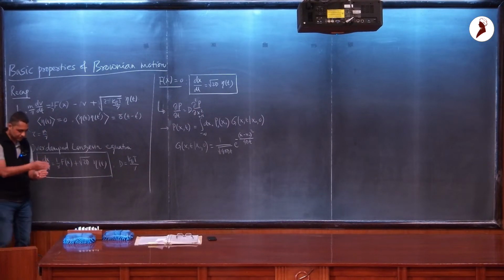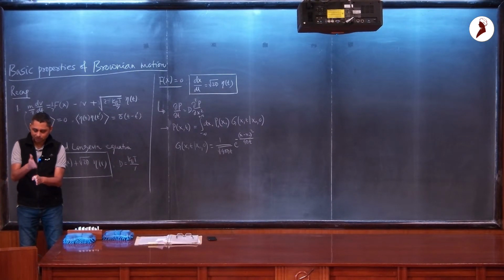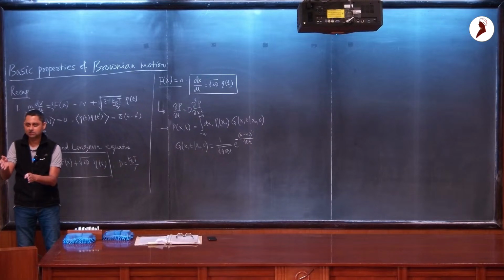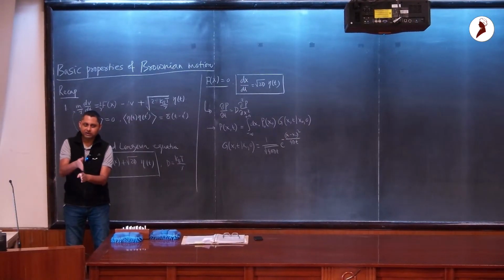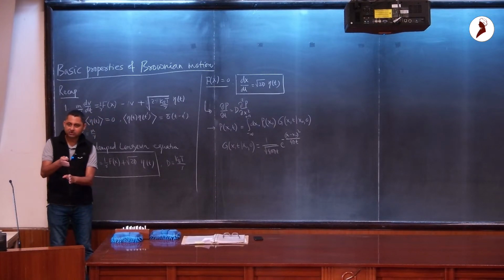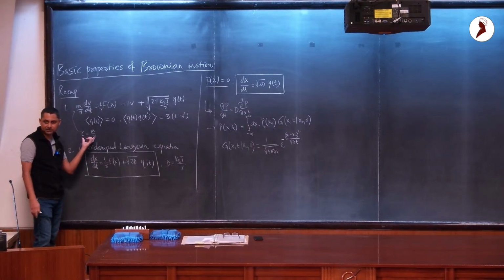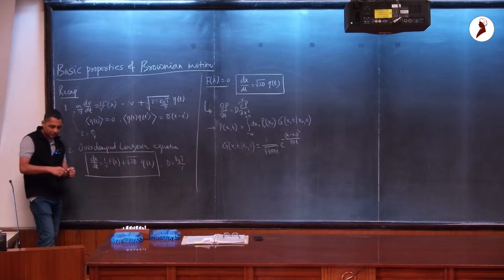Now suppose your camera can only record at 1 microsecond, it cannot record at 1 nanosecond. If your camera were recording at 1 nanosecond and you want to describe that motion, you need this equation. But suppose your camera is recording at 1 microsecond, which is much larger than this time.